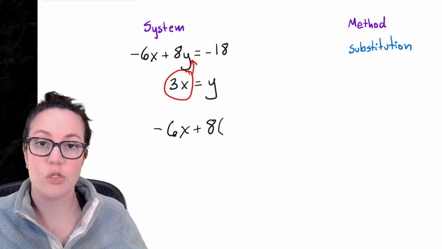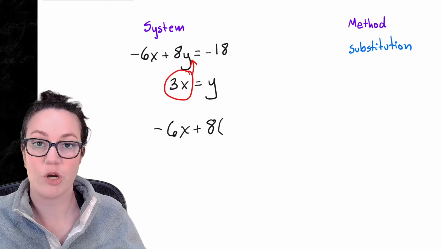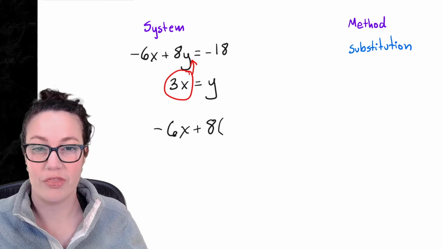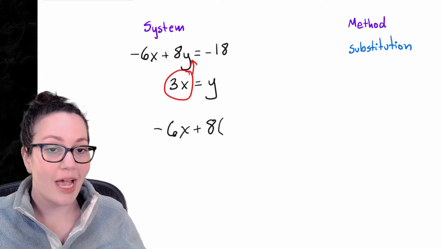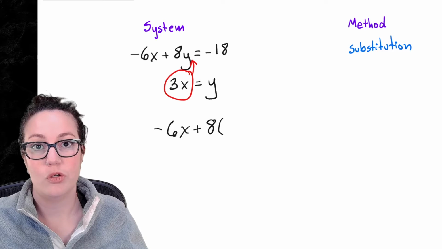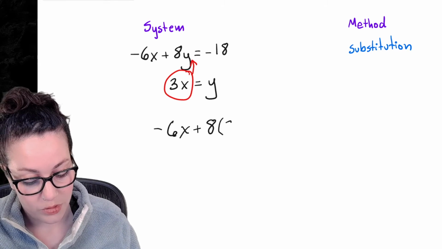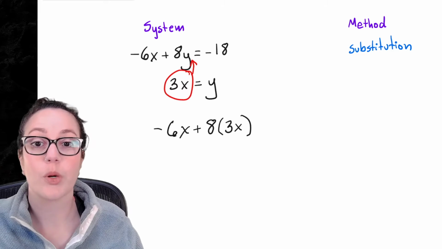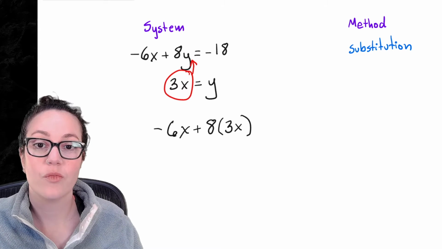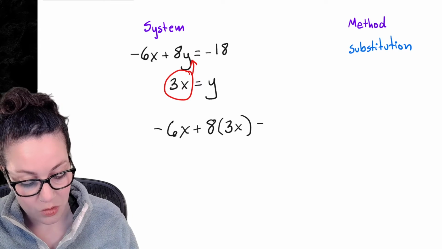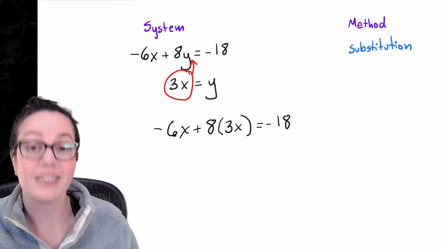Anytime I'm substituting a value or an expression in, I want to put that inside parentheses. It is a good habit, and it especially helps you not drop negative signs. So y was equal to 3x, so that's what we're going to put in place of the y. And then it's still equal to negative 18. That doesn't change.